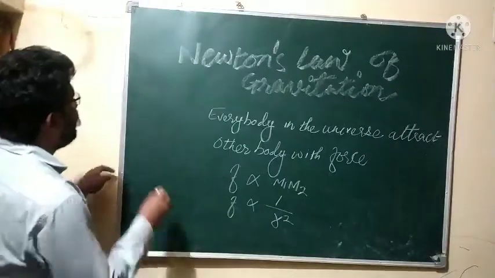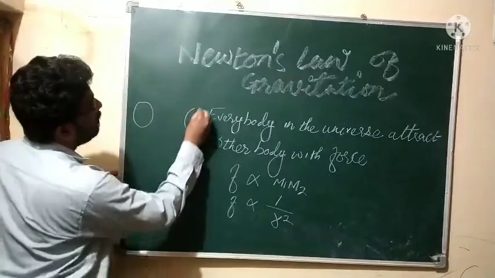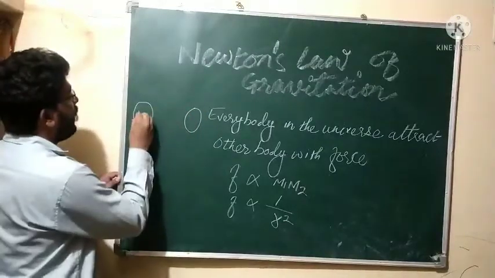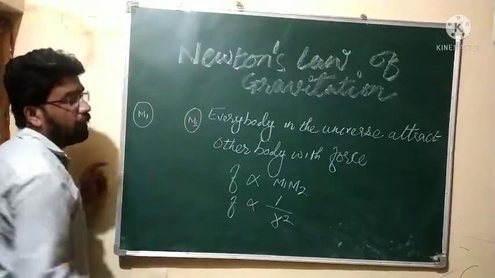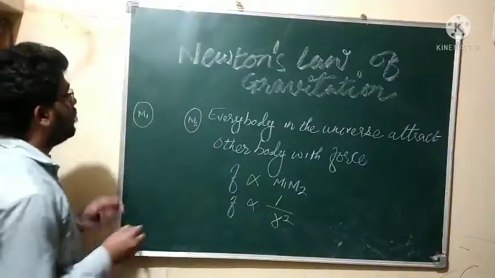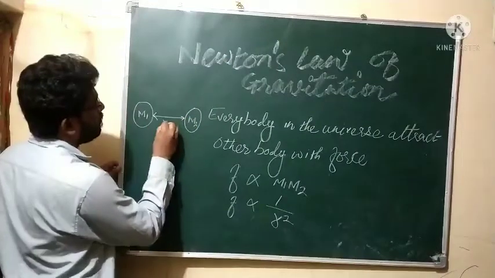So if we consider here, this is one body and this is another body. This body has mass m1 and this body has mass m2. Now consider the distance between these two bodies is r.